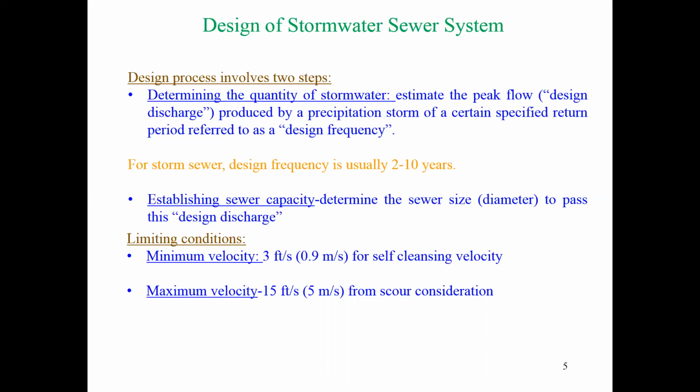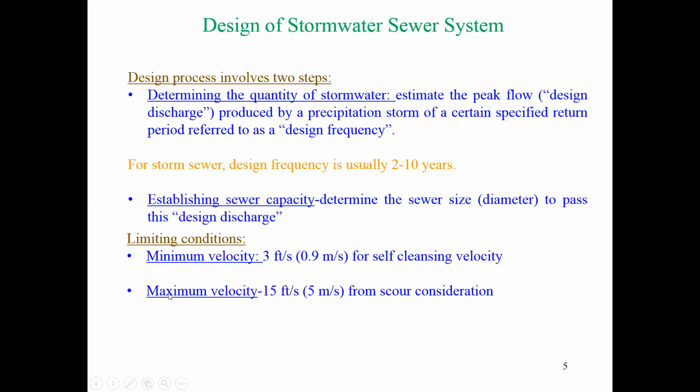There are also some limiting conditions. We can use different pipes, but we need to make sure that the minimum velocity inside the pipe is 3 feet per second or 0.9 meter per second. This is the self-cleansing velocity, meaning there will be no deposition of particles.